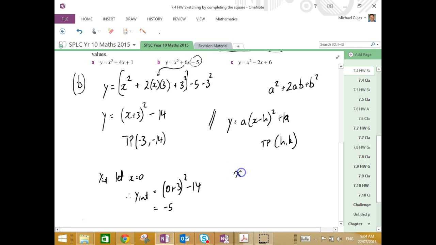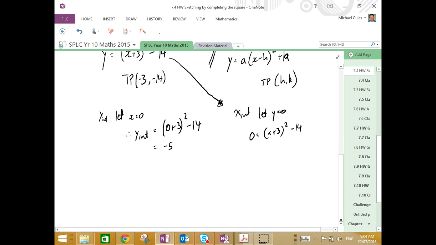For the x-intercepts, we take this form and we keep going by letting y equal 0, correct? So we have 0 equals x plus 3 all squared minus 14. Now you want to be really clever here and not add 14 to each side and take the square root, because that will mess you up. What do we do instead?